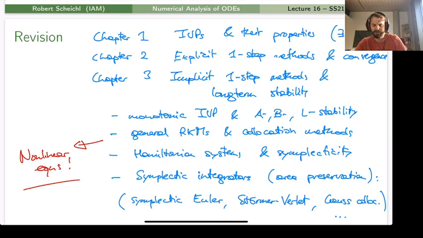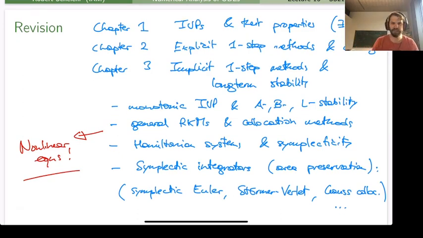In the last two lectures we went in a somewhat different direction and studied not long-term stability in the sense of solutions that decrease to zero, but Hamiltonian systems, where certain quantities are conserved. In particular, the energy is typically conserved in Hamiltonian systems, and also area, which is called symplecticity of the flow: areas in the initial condition domain are preserved as they are propagated through the differential equation.